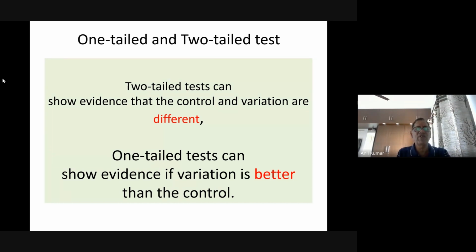When the groups are different, such as a control group and an experimental group, two different groups, then you go for a two-tailed test. And when your concern is which one is better over the other, a positive directional test, then we use a one tail test.